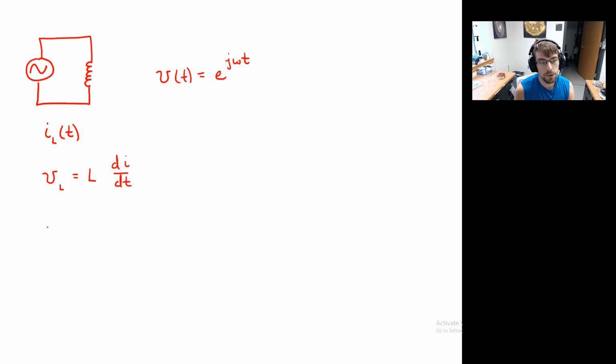Hopefully, again, you see that it's helpful, partially because it's really easy to do that integral. So I'll call this di, and we have the 1 over L, and we need to integrate this. What happens? I end up with 1 over j omega L e to the j omega t equals I.